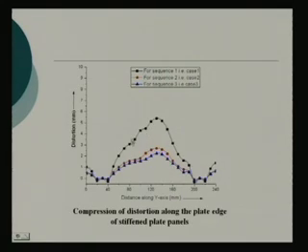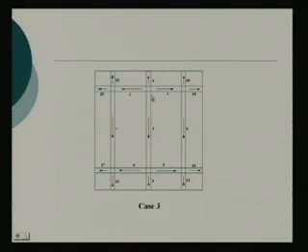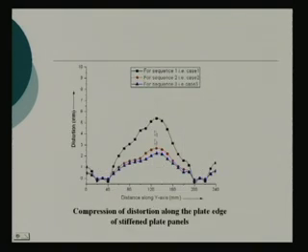So what we see, the case 1, the deformation level, well, it is in a model scale, the plate size is small, everything is small. So here we see that over a distance of this 40 to 200 millimeter, the deformation is around 6 millimeter, right, or 6 units, whatever you take.